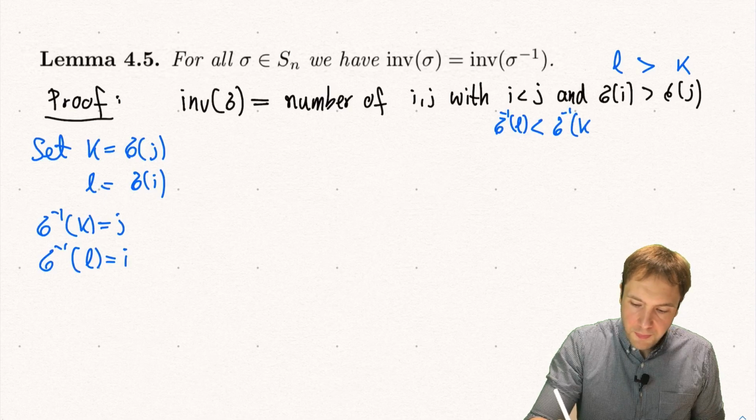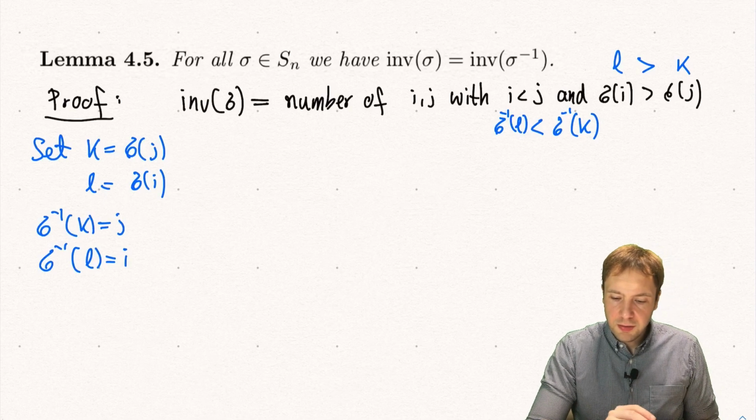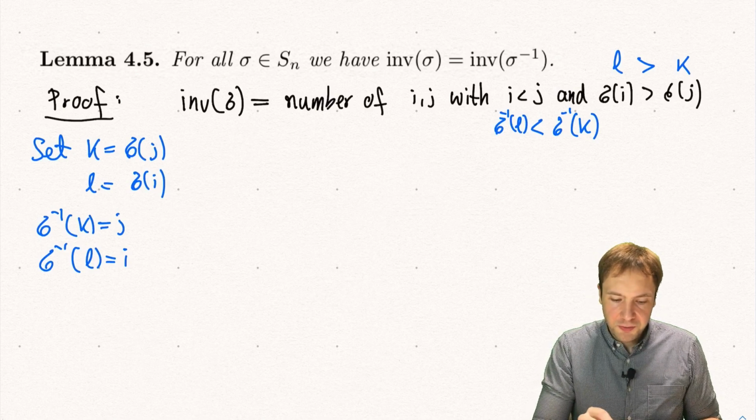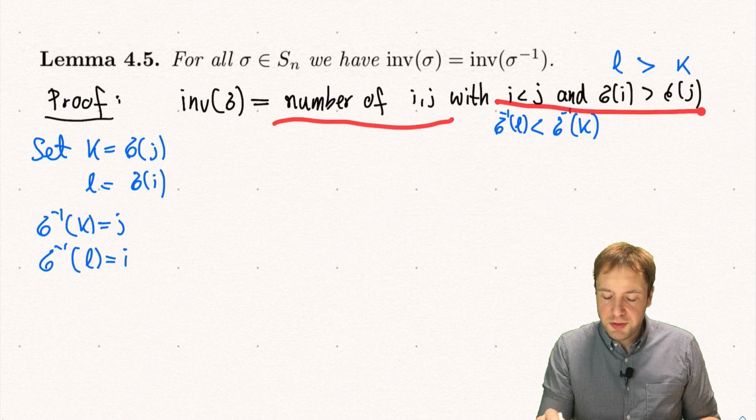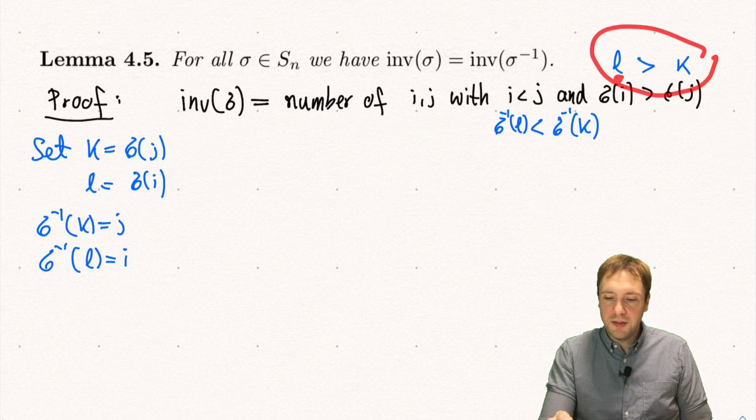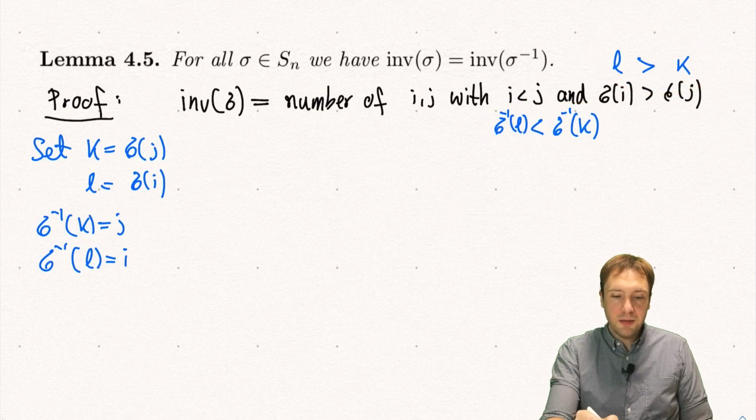So you see that the number of i, j with this property is the same as the number of l and k, such that l is greater than k, but sigma inverse of l is smaller than sigma inverse of k.